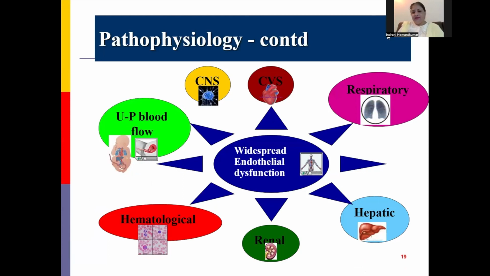So what happens? This widespread endothelial dysfunction may manifest as dysfunction of multiple organ systems, including the cardiovascular system, respiratory system, CNS, hepatic, renal, hematological. Every system is involved because of this endothelial dysfunction.